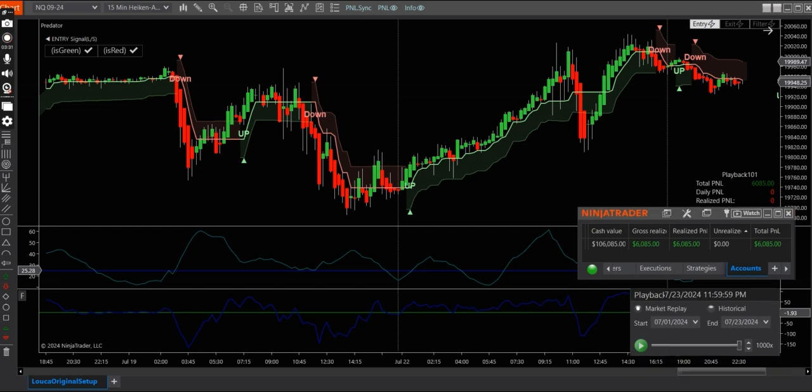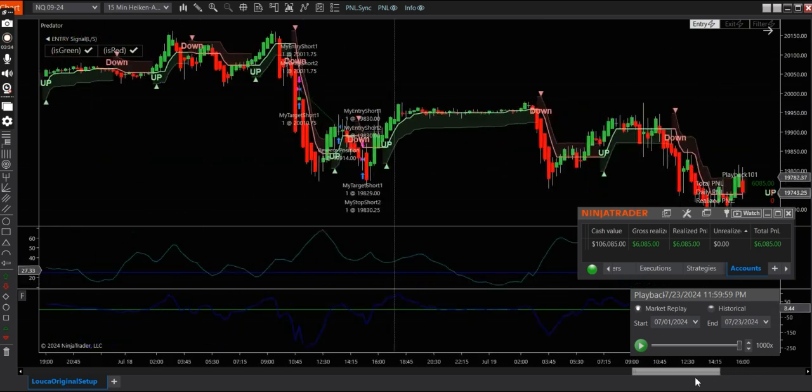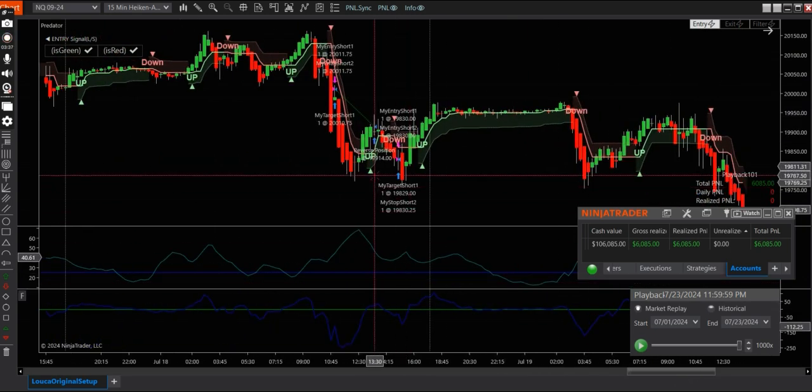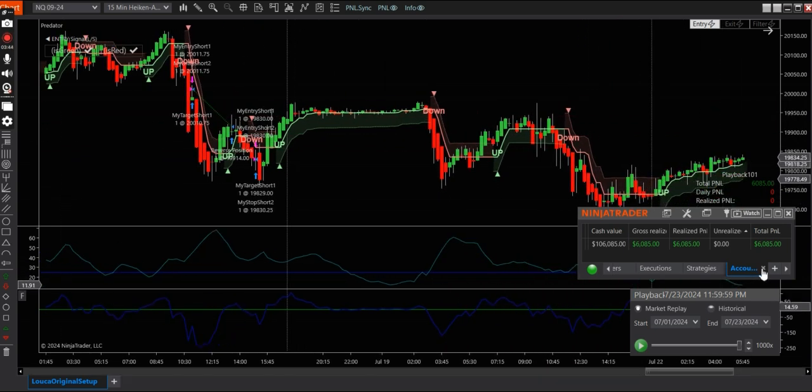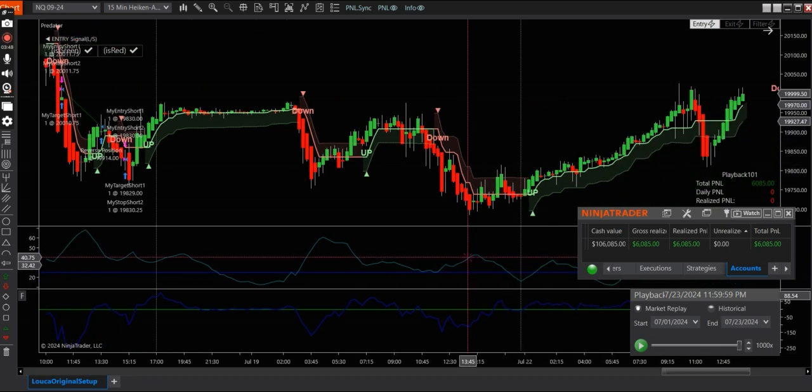That's something I have to check on. I did send a message on my Discord group. You can see it took trades here and here, so I'm not sure why. Possibly I could have had even more profit, but that's something I have to check. I did notice that with this signal, when it prints, sometimes it disappears.